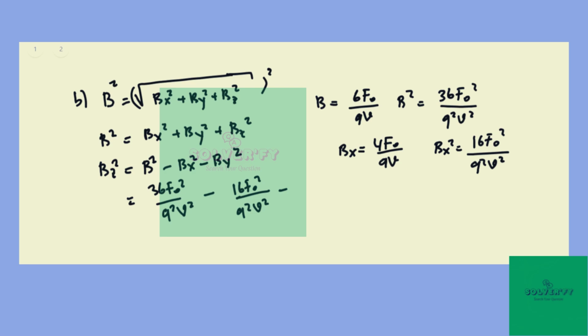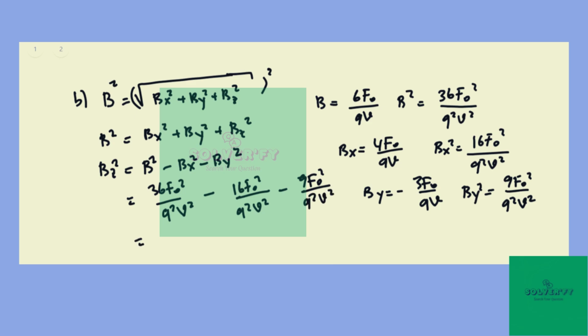By was calculated to be negative 3F naught over Qv. When we take the square, the negatives cancel, giving 9 F naught squared over Q squared v squared.